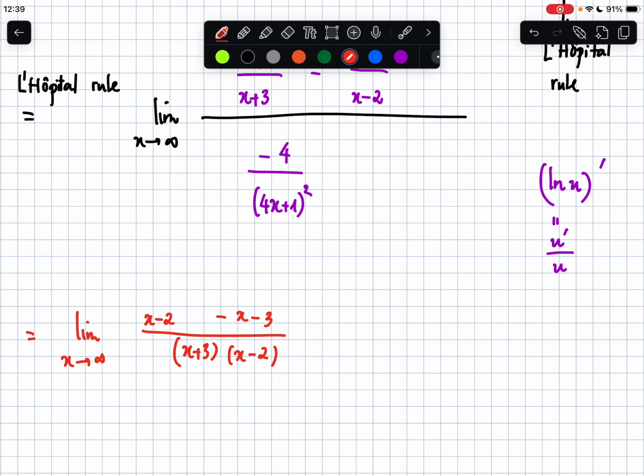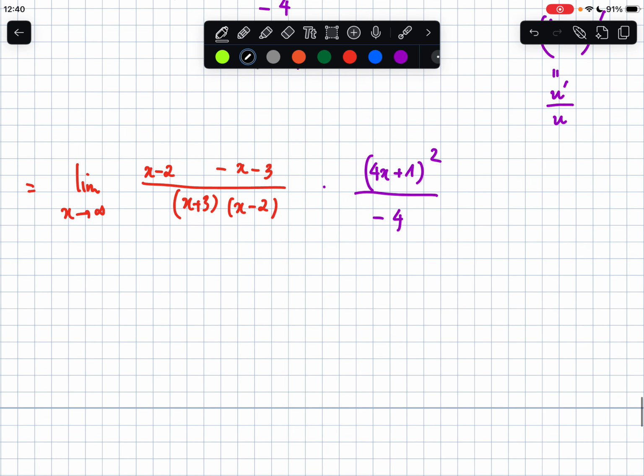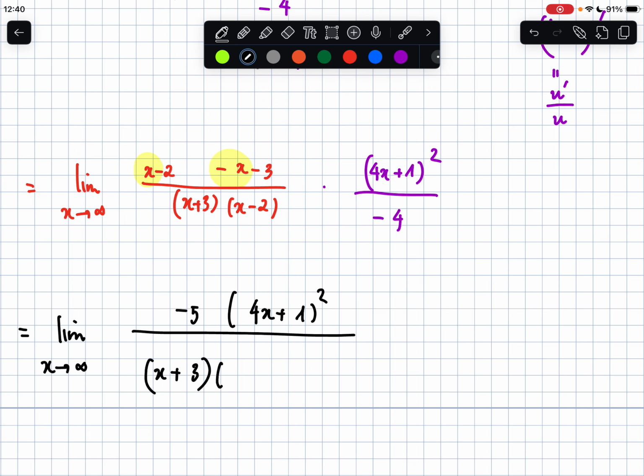I multiply this here: (4x plus 1) squared divided by minus 4. Limit as x tends to infinity, x minus x cancel out, you have minus 5 times (4x plus 1) squared over (x plus 3)(x minus 2) times minus 4.